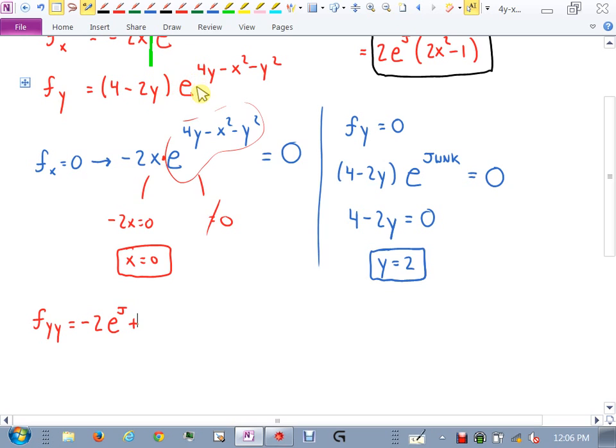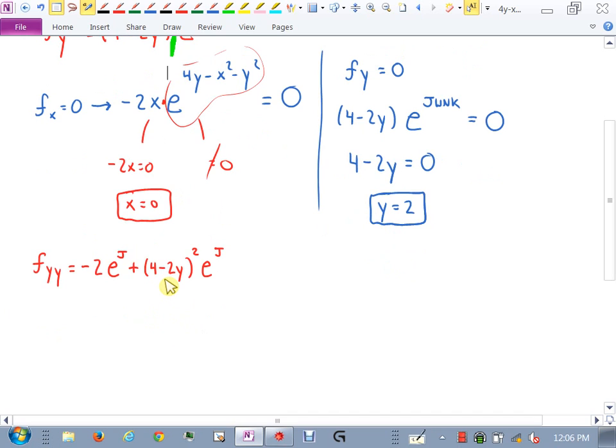But then finishing off the product rule, I have that again also. So wouldn't it be 4 minus 2y, squared, e to the junk? Did y'all follow what I did? The derivative of this is exactly what this was already, and then I have to tack onto that with the product rule this. So I wind up squaring that one. I could clean that up, but I'm not going to.